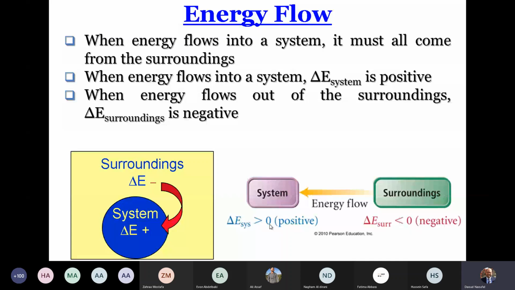The surrounding releases energy to the system, and the system absorbs this energy to make a transformation, but the transformation in the system is different from that in the surrounding.